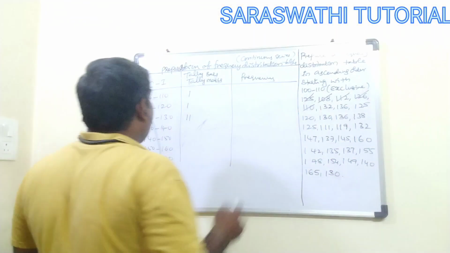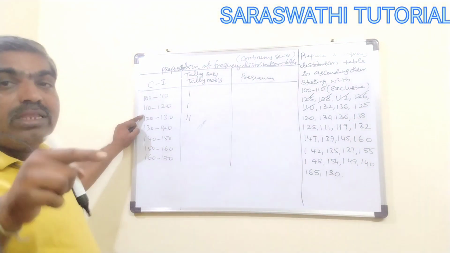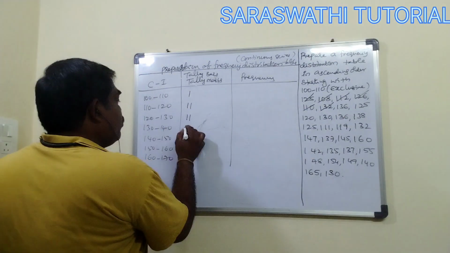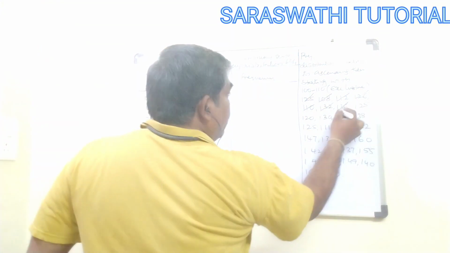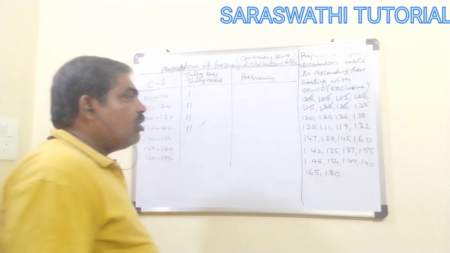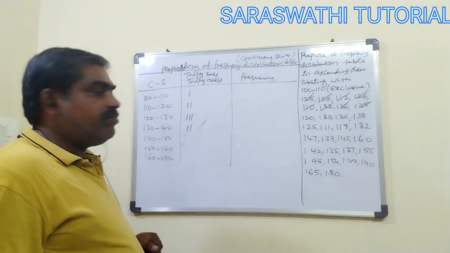110. Now check it. 110 comes in between, not in the above one. We have to take it as the lower limit. 110. Then 132, 130 to 140. Then 136, same, 130 to 140. Next 125, 120 to 130.